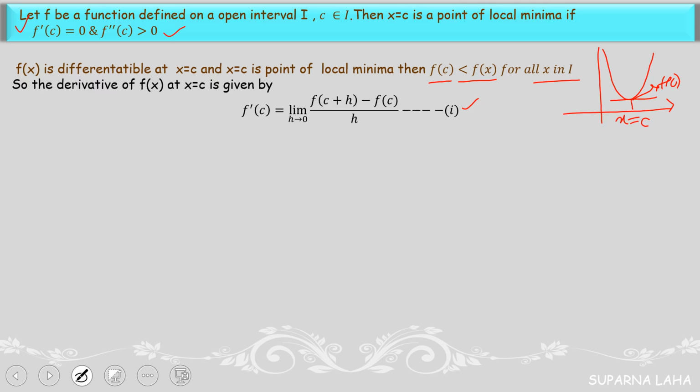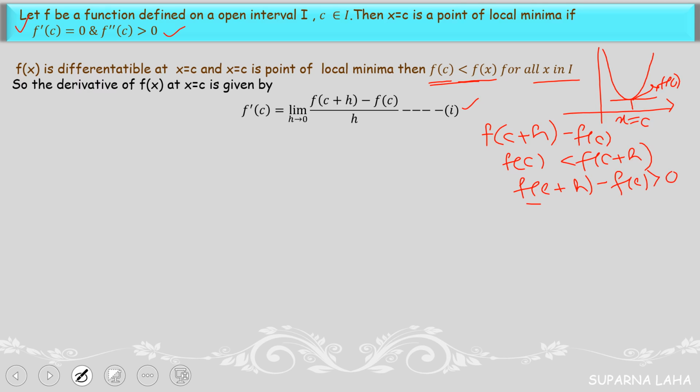Let's check the sign of f of c plus h minus f of c. From this I can say f of c is less than f of c plus h, so f of c plus h minus f of c is greater than 0. That means this quantity is always positive in this interval, so the sign of this limit depends upon h.